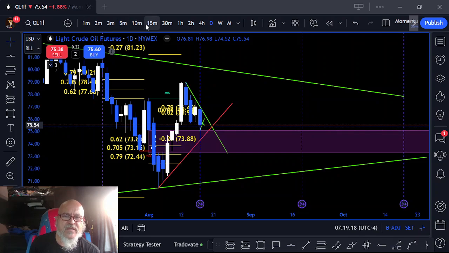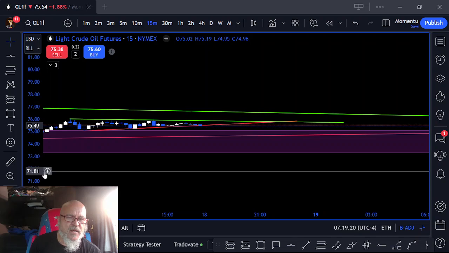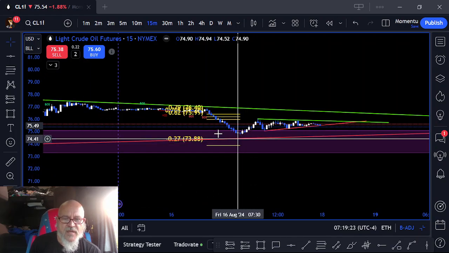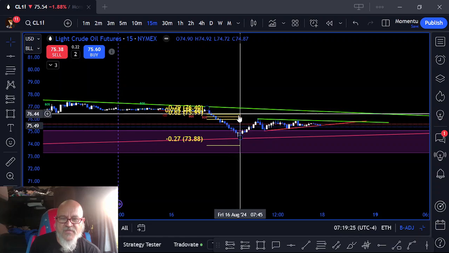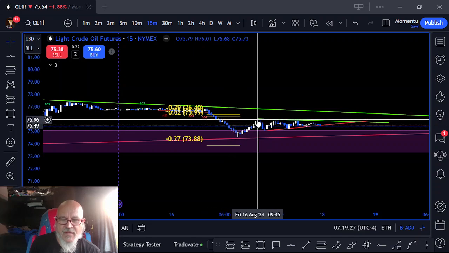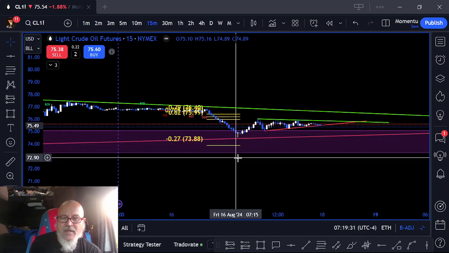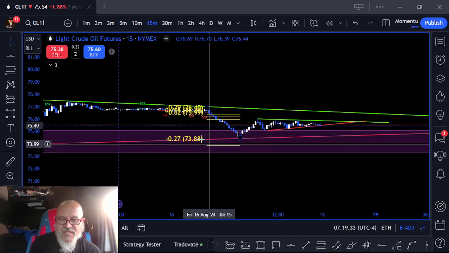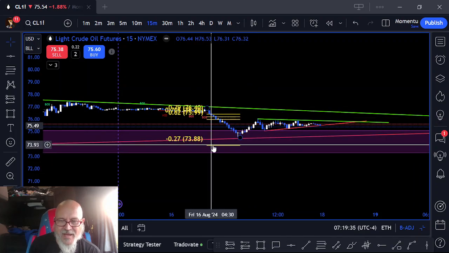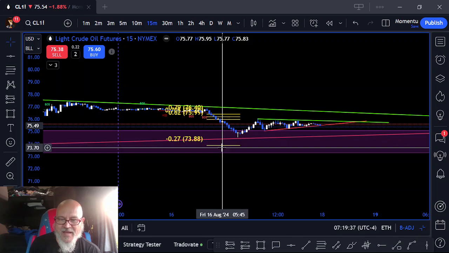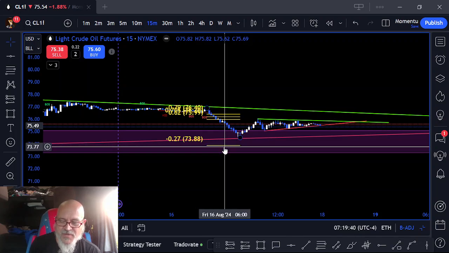Well, if I go back to the 15-minute time frame, my target on this fib, which we've already hit the 6-2, is 73.88, and the 6-2 on the daily pullback would be 73.85, just a touch below this, right?